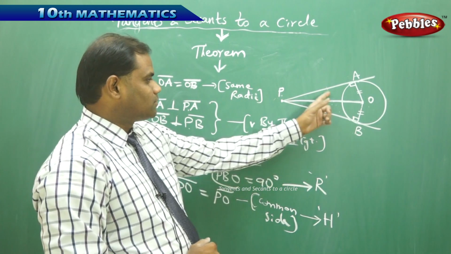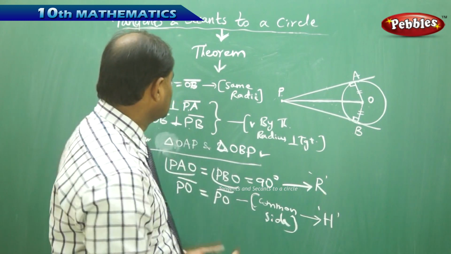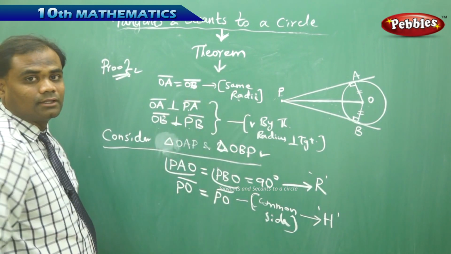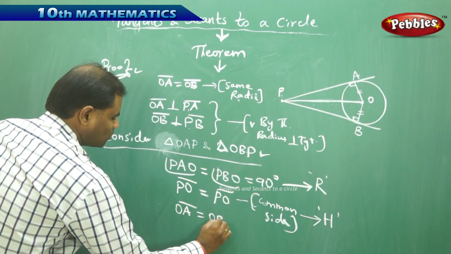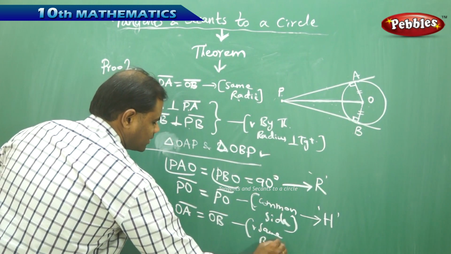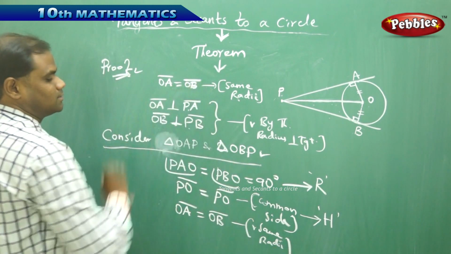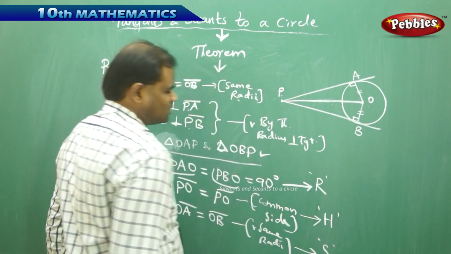Now, in the two triangles, I see that OA is equal to OB because they are the same radii, as given with the reason. Therefore, OA is equal to OB since same radii. We have already discussed this in the previous session. So this is the side property.